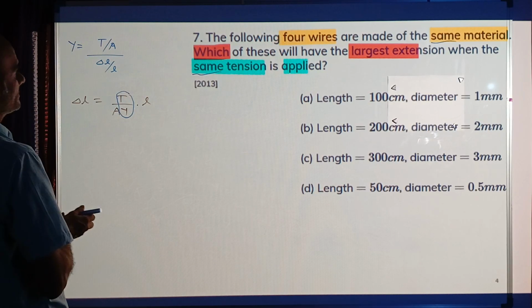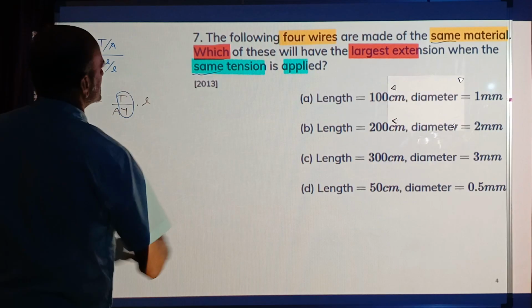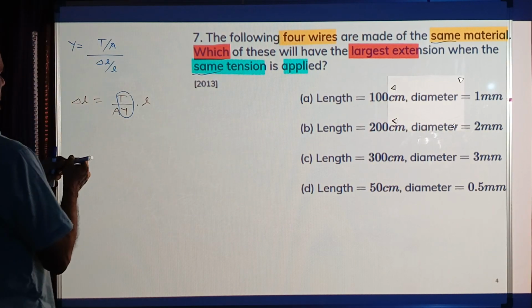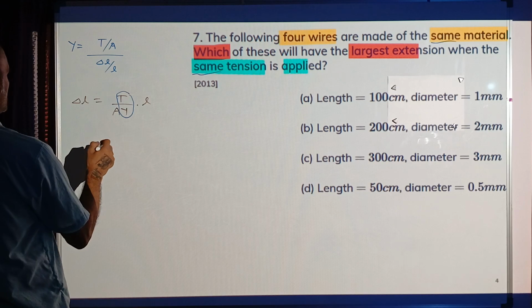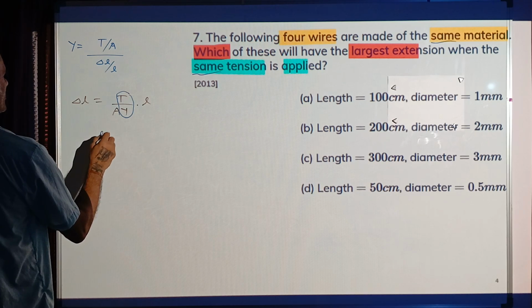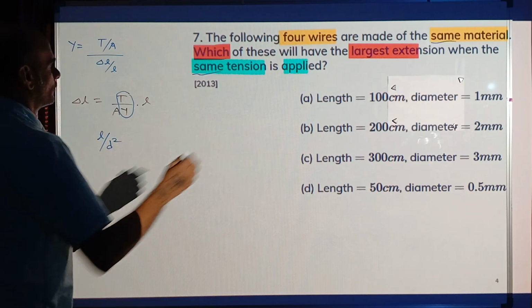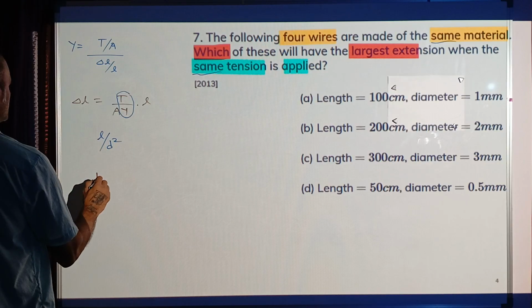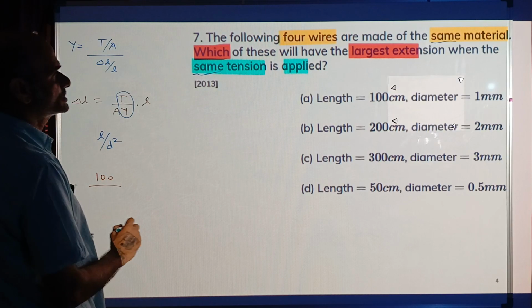So basically you have to compare L by A of these 4 cases. And what they have given is a diameter. So you have to compare L by D square of all the 4 cases. So the first one, L is 100 and D square is 1 square.